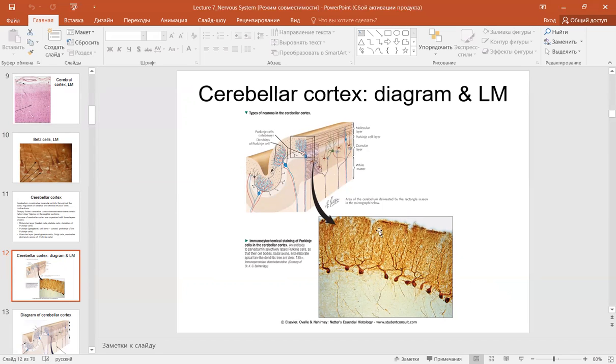Here you have the molecular layer, which houses the multiple ramifications of the Purkinje cells, and here is the granular layer, which is poorly stained or completely unstained with the silver impregnation method, where the axons of the Purkinje cells are leaving the cell bodies and traveling to remote target organs of the muscle tissue, muscle system.